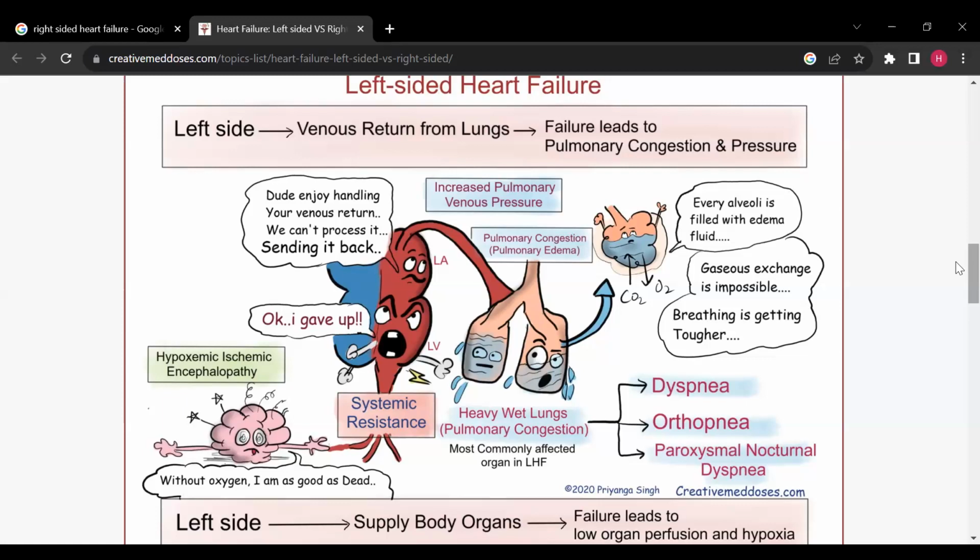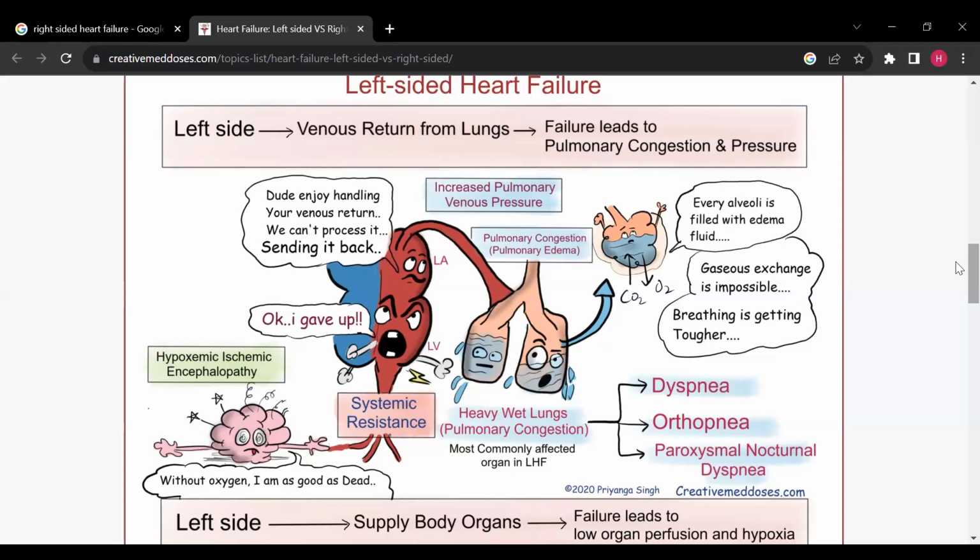That is high output heart failure, where there are high metabolic demands, and then there's low output heart failure where there is less cardiac output. Then there is also acute decompensated heart failure, where there is new onset of heart failure symptoms.